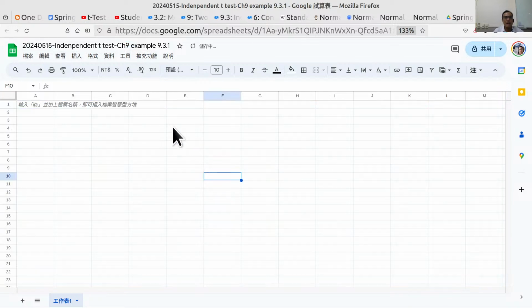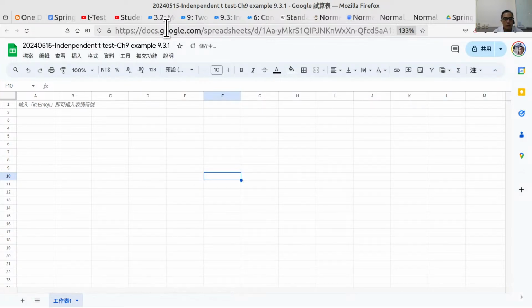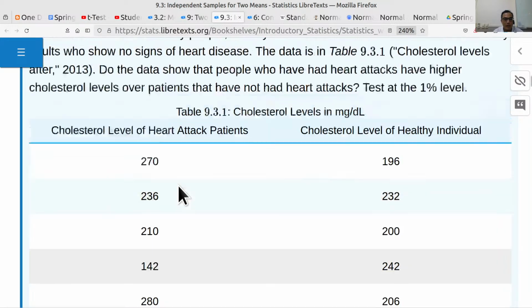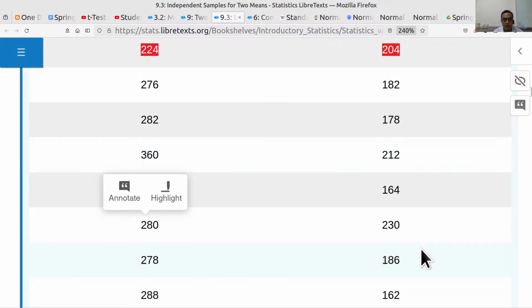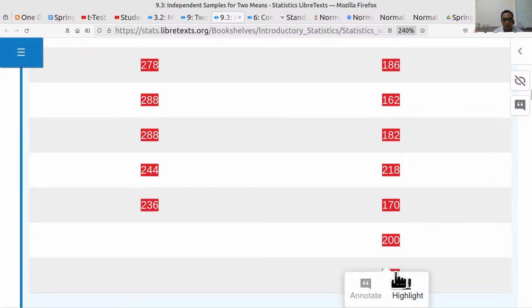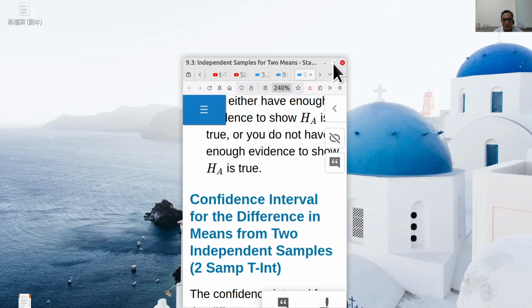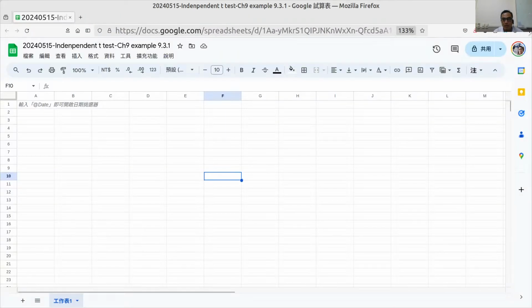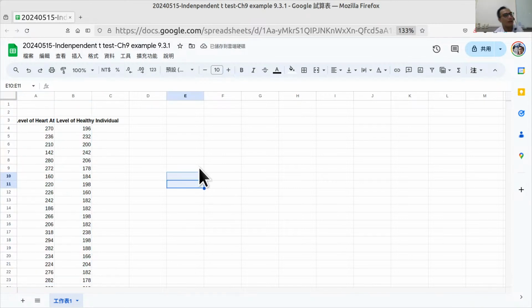Okay, and now I go to the textbook here. I copy and paste everything from the table. Copy and paste it. Okay, get it? Then you can do this part. Then you have 2 choices.